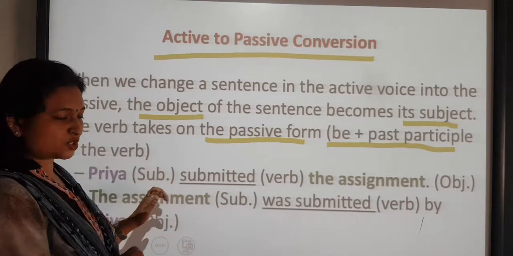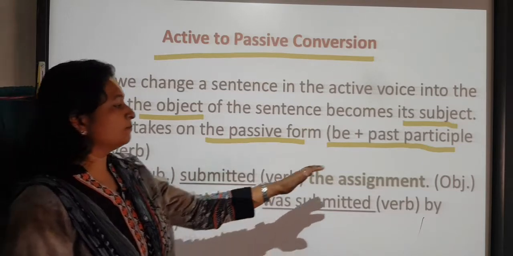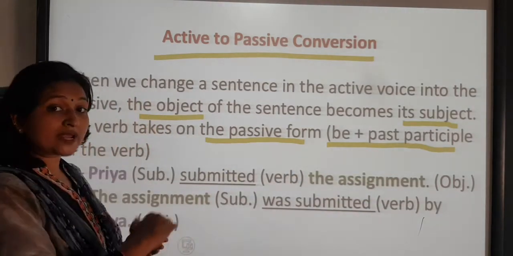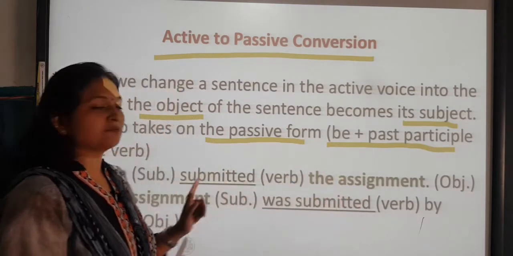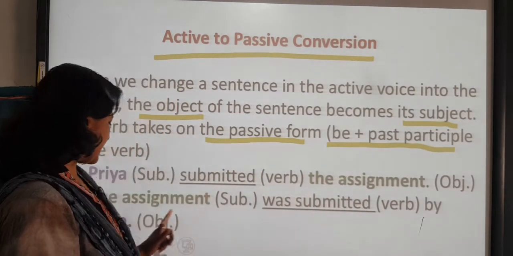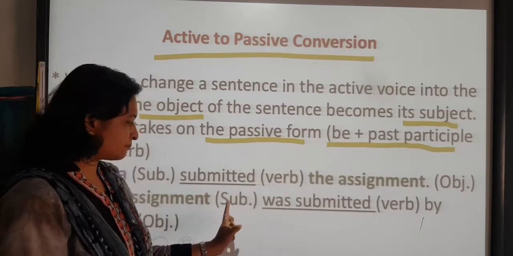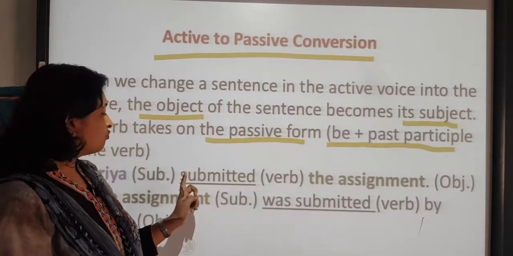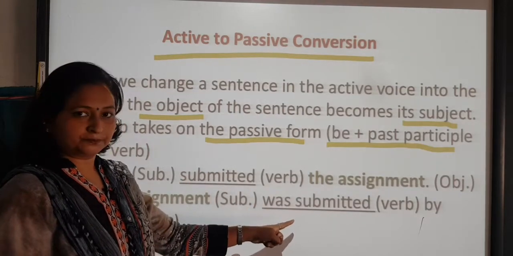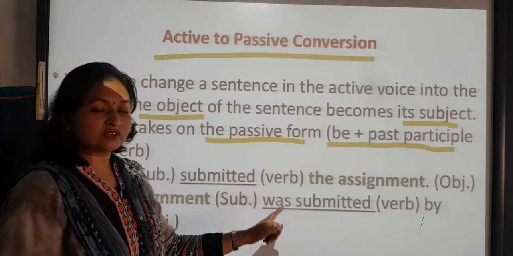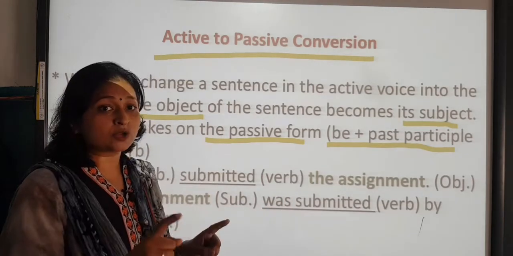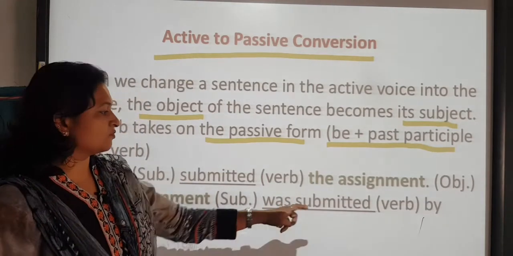Example, one more. Priya, which is the subject, submitted is the verb, the assignment. Now this is the object. Now when you write in passive, the assignment comes first. So the assignment becomes the subject, which was the object earlier. Was submitted. Submitted, when you write in passive it becomes was submitted. I'll teach you the whole table of how it gets converted.